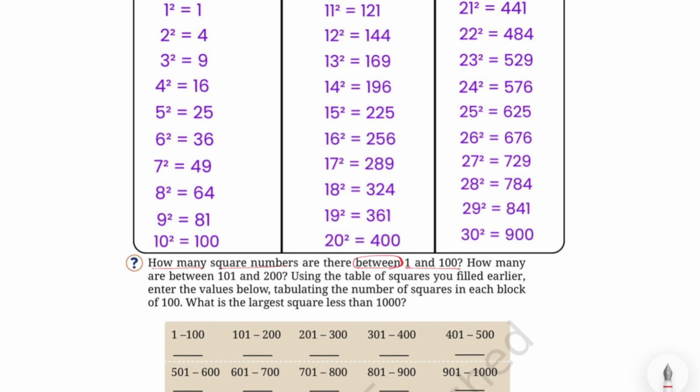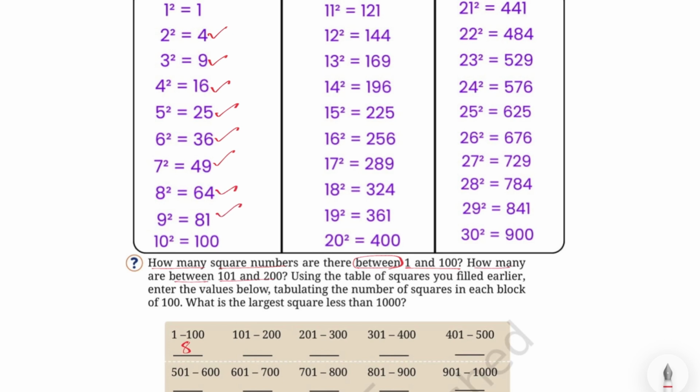But if it is given between, we will not include 1 and 100. Now our question was, how many squares lie between 1 and 100? Let us count and find out. Here 8 square numbers are there. That means the answer is 8.